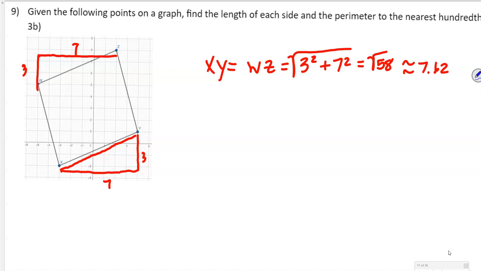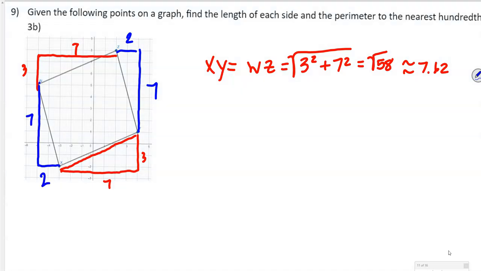Okay. Now let's talk about the other side. So now we're going to talk about YZ. 1, 2, 3, 4, 5, 6, 7 again. And 2 this time. 7 and 2. Let's make sure this one is 2 wide. 1, 2, 3, 4, 5, 6, 7 again. 7 and 2, right?